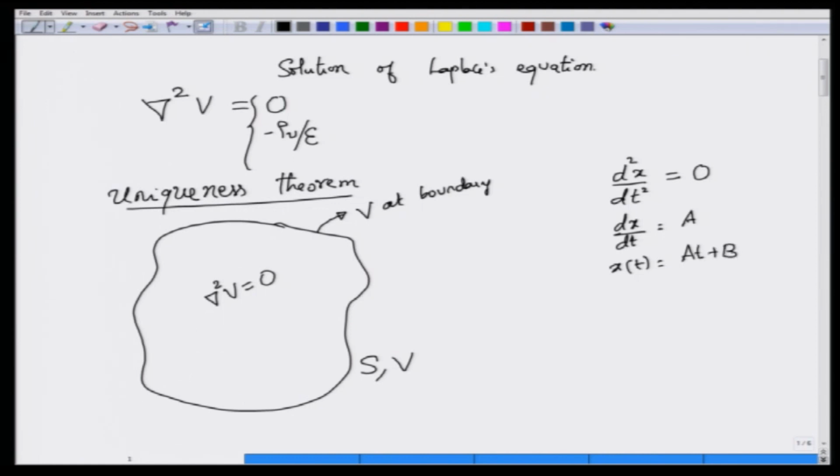Now, this is all the solution can tell you. Unless you specify the initial conditions, like what would be the initial position at time t equal to 0 or at any other convenient time, and you also specify the value of dx by dt at time t equal to 0, you will not be able to evaluate these two constants a and b. So, to evaluate the constants a and b of this general solution, you need the initial conditions. Okay.